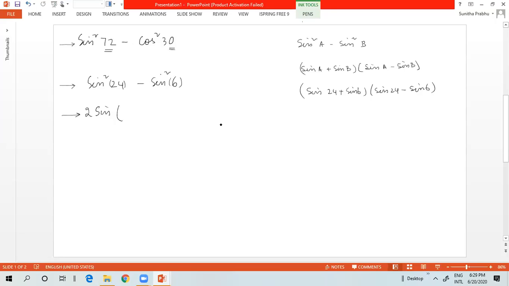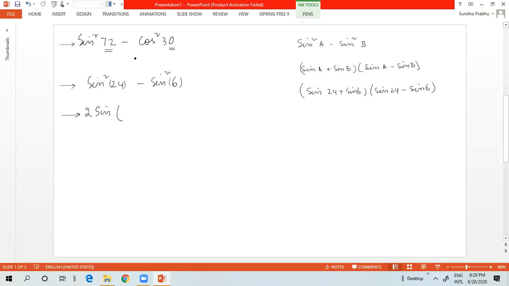We know the values. Because it came 2 sine 15 cos 9, we can take it as sine 2 theta. We'll try then. I thought we would get a good value. Otherwise, we can convert this into cos anyway.